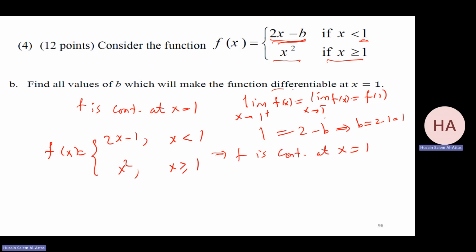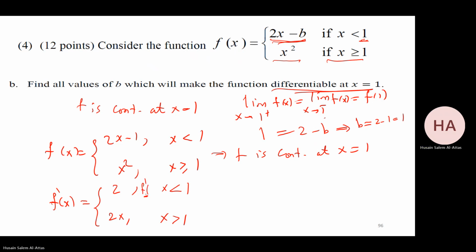I don't need only continuity, I need differentiability. I don't have variables, I don't have unknowns here. So I can check differentiability. F prime will be what? 2 for the left piece, and this represents f prime from the left at 1. This is what I care about, because the rest are okay at 1.